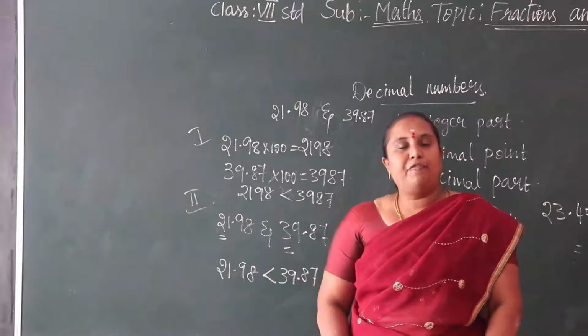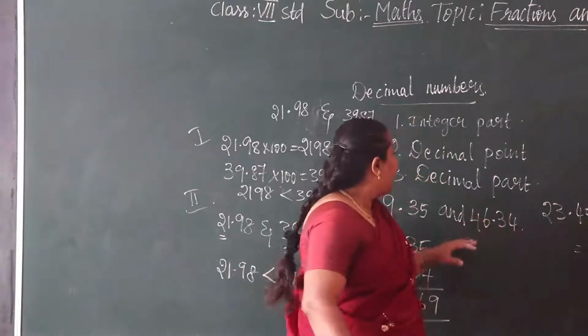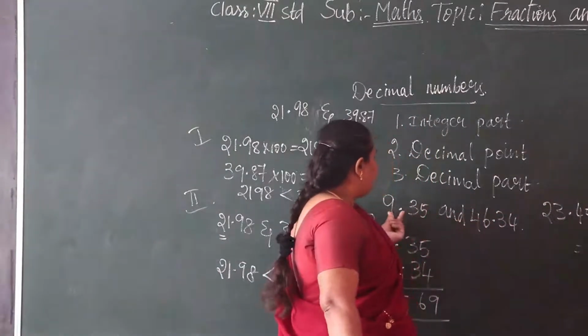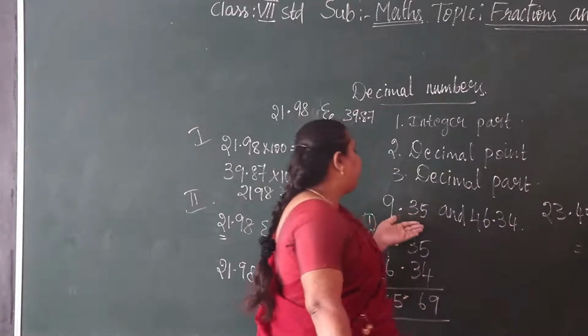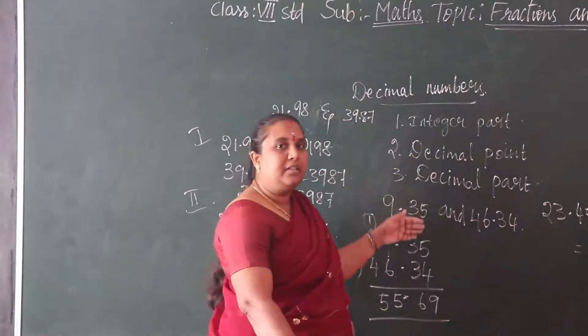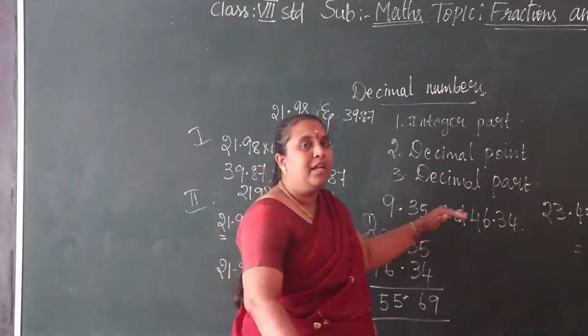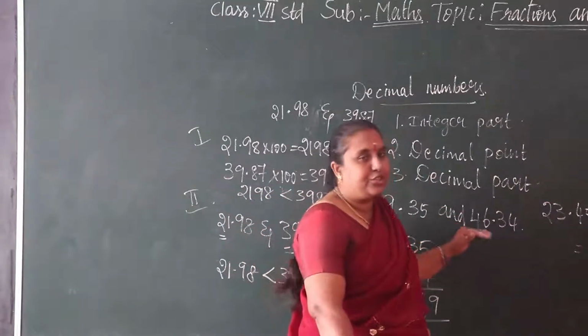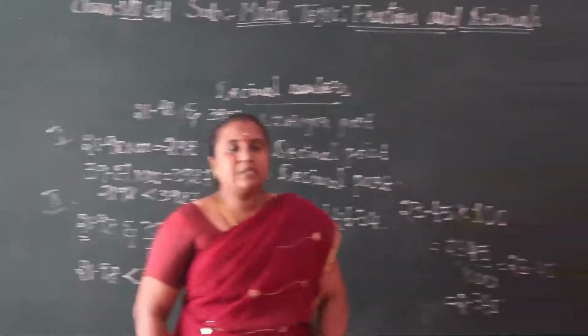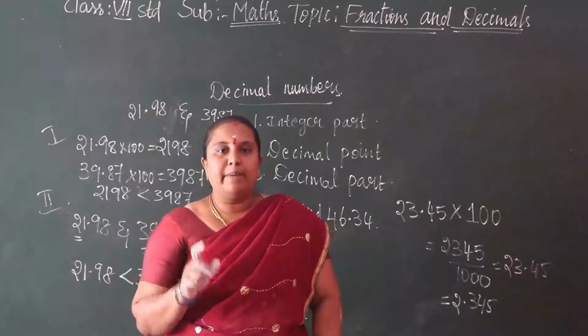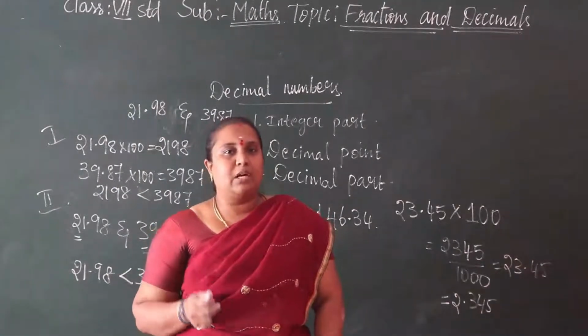In expanded form, we want the numbers. As I told you, in the integer part it starts from the ones place, and the decimal part starts from the tenths place: tenths, hundredths, and thousandths. That place we can write as 1 by 10, 1 by 100, and 1 by 1000, like that.